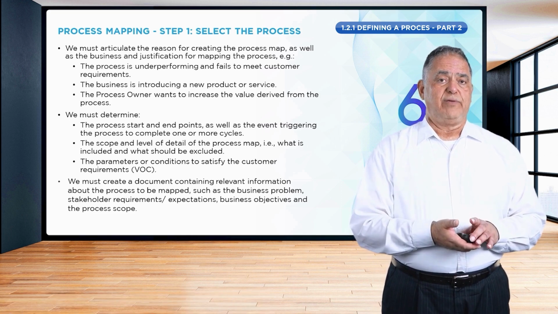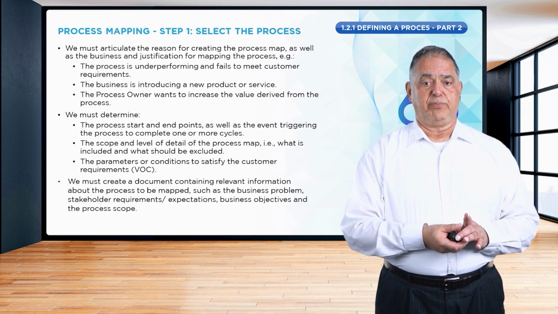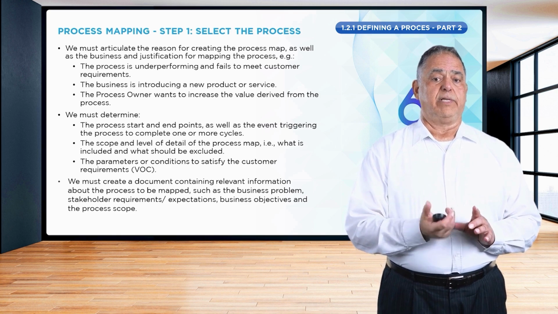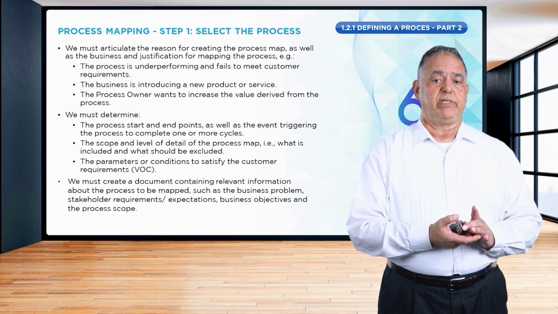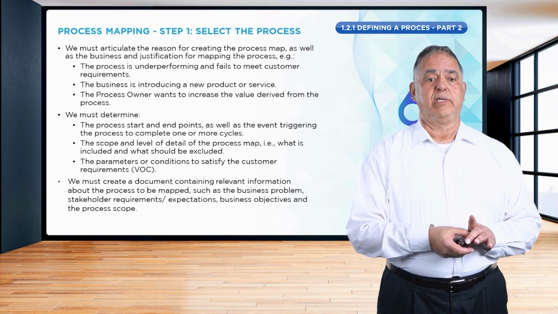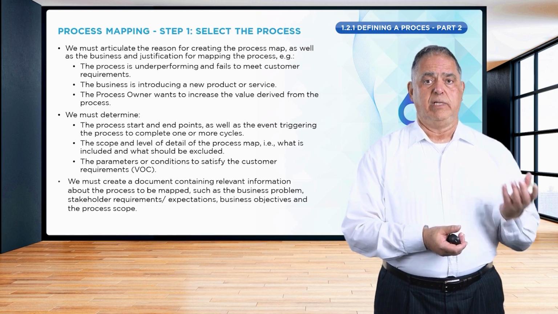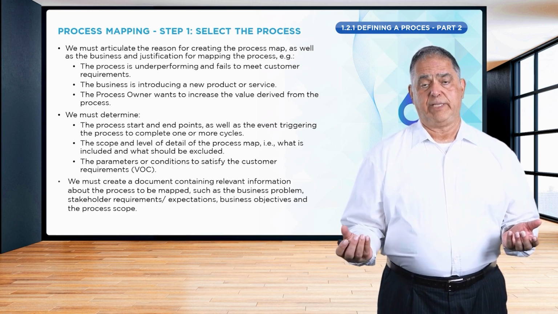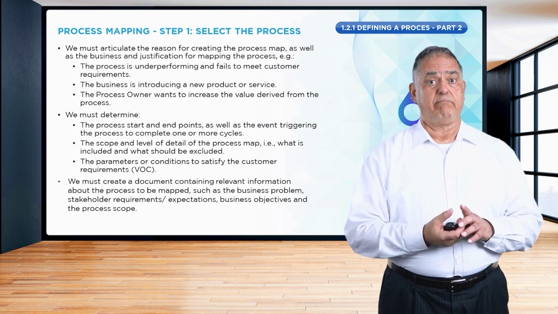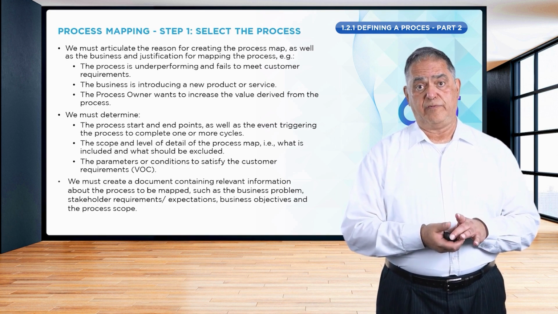The scope and the level of detail of the process map, in other words, what is included and what should be excluded, must be determined and agreed between the process management team and the governance, typically the sponsor of the project.